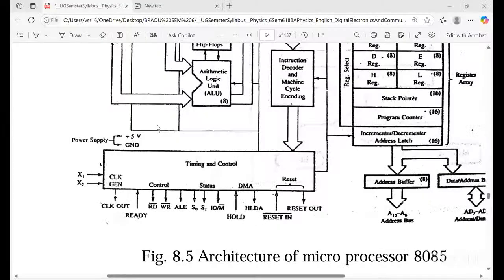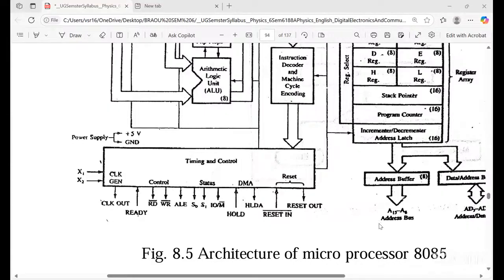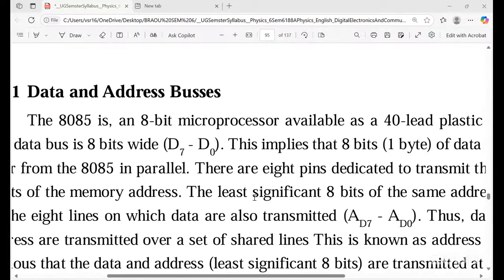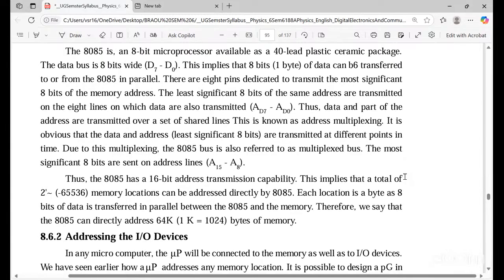So this is the architecture for the 8085 microprocessor. You have already seen this with the video representation. Next is the data and address buses. Data bits from the microprocessor are D0 to D7, and 8 bits of information you can easily transfer.